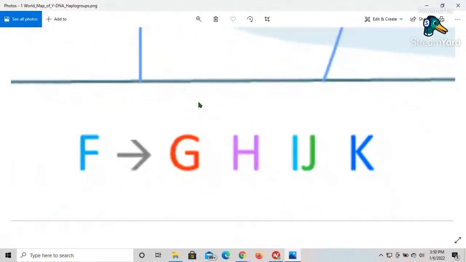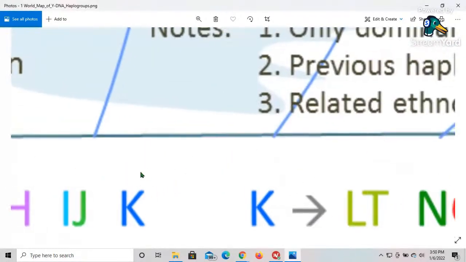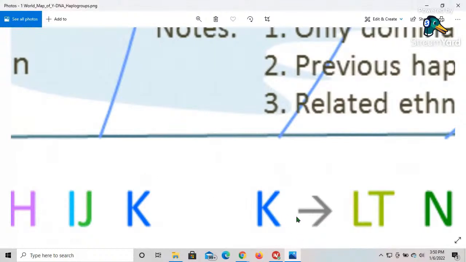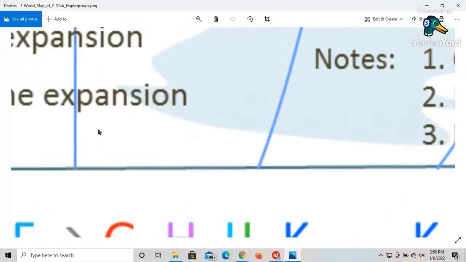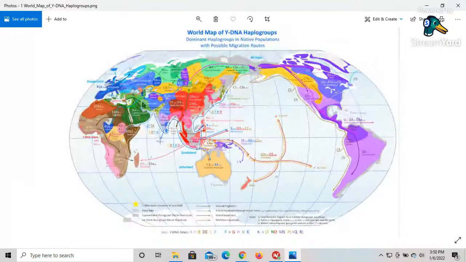But so far, the F2 is Semitic, it's Aramean and Lydian. The K is Japhethite, which is Tubal, but I have to get into that. I have to explain that a little bit.